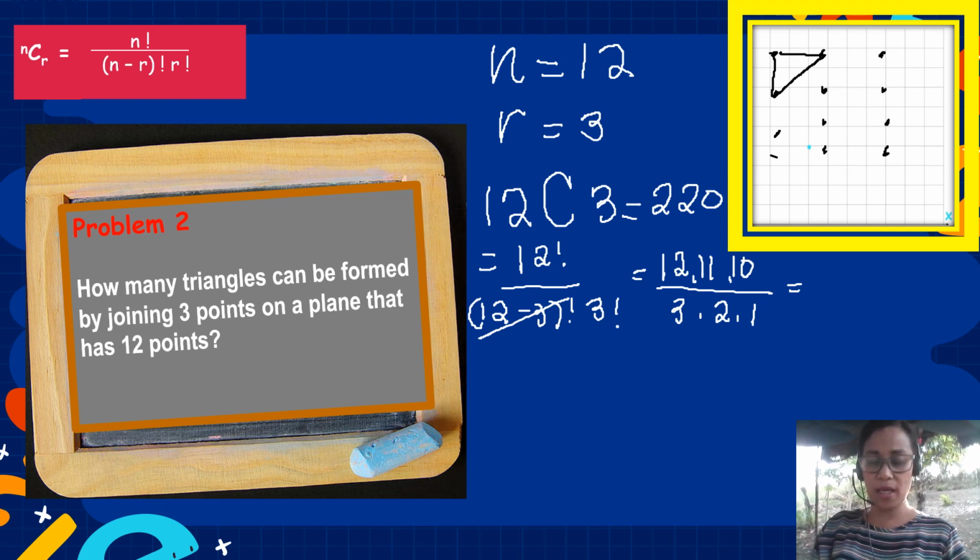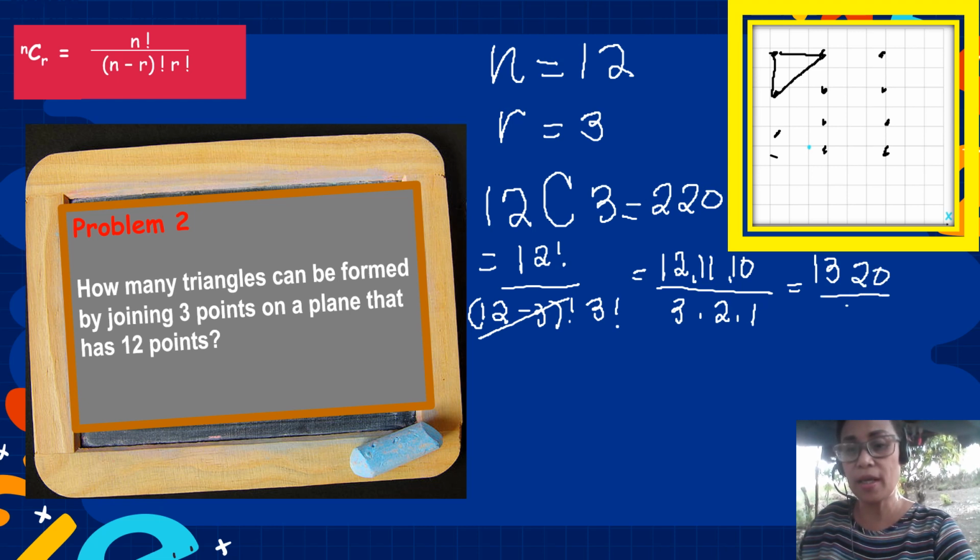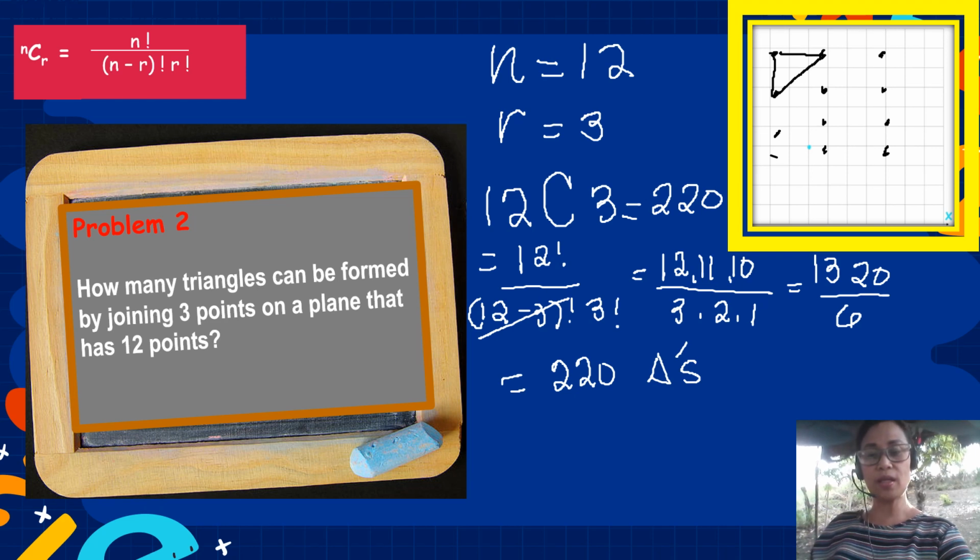Let me multiply 12 times 11 times 10, and the answer is 1,320 divided by 6, which is 3 times 2 times 1. Divided by 6, the answer is 220 triangles. So whether you use a scientific calculator or a regular calculator, you'll be able to get the answer using the formula.